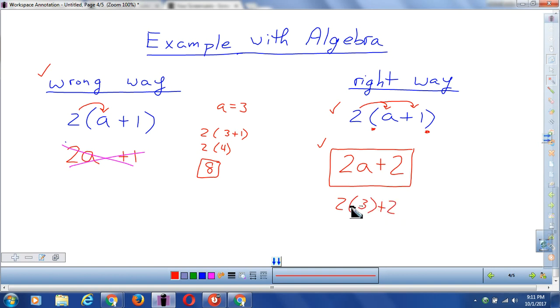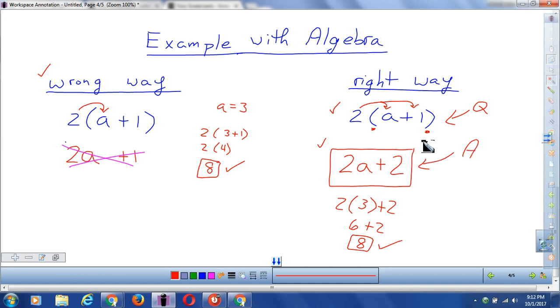And guess what? That's 2 times 3 is 6, plus 2, which makes, of course, 8. And you can see that they are equal, which means that this multiplication method definitely works for algebra. And so this was our question, 2 times a plus 1, and this is our answer.